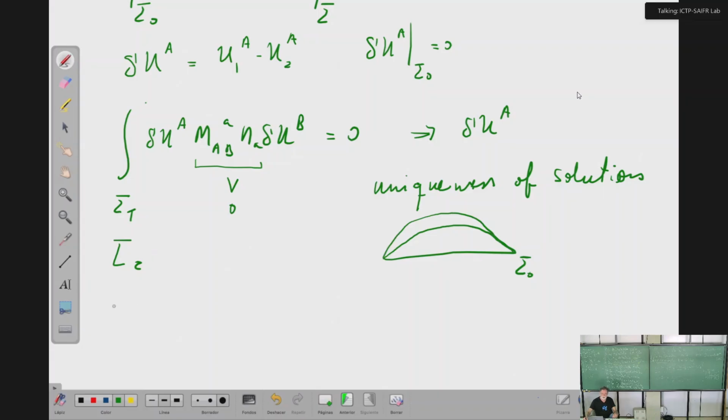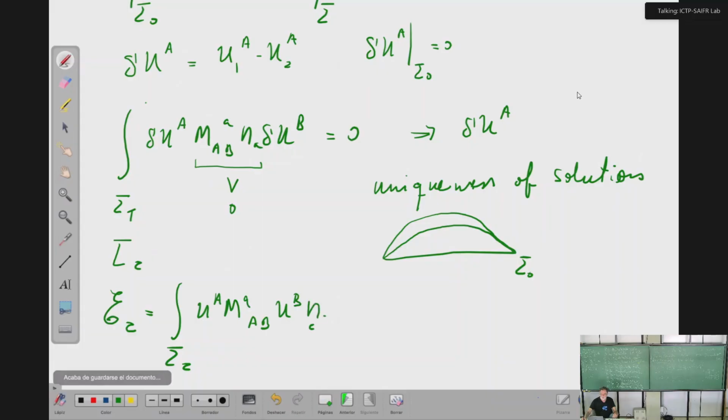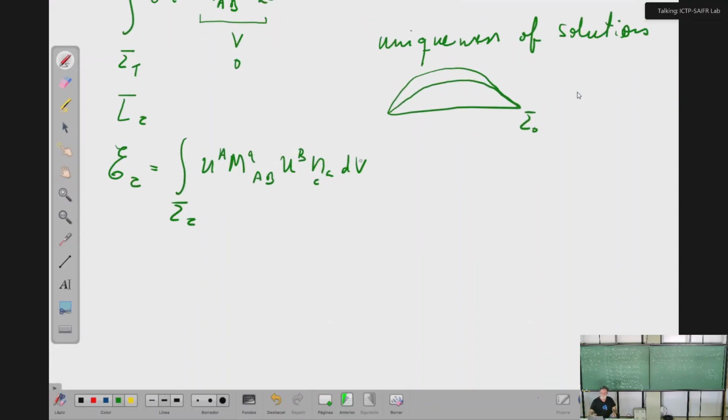And so what we are going to do is we define the energy at tau equal to this integral on sigma tau of u_A M^{AB} u_B times tau_A dB. Okay. And now we take the derivative.